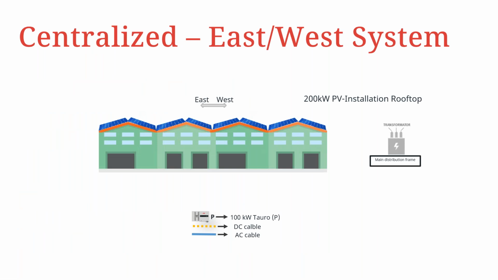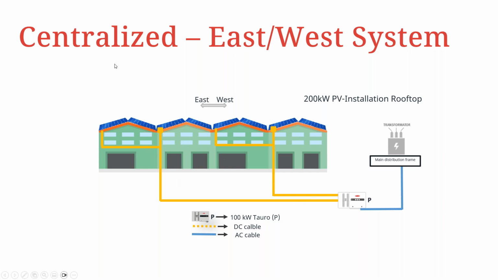So, putting a bit of context to it, we're going to have a look at the centralized system. What we're saying is basically for east-west orientation, it is possible to have all the modules facing due east connected to a particular inverter.